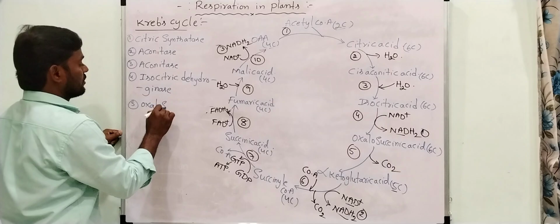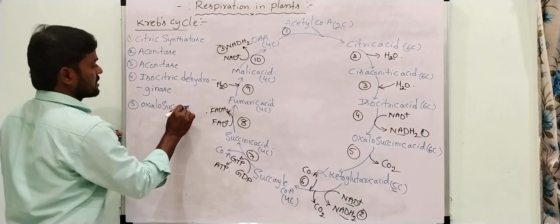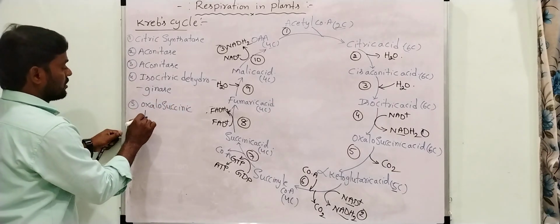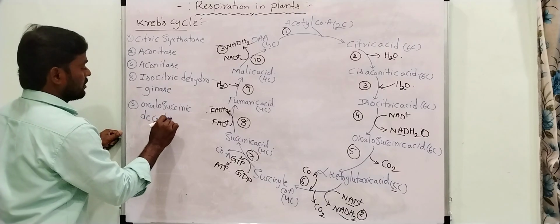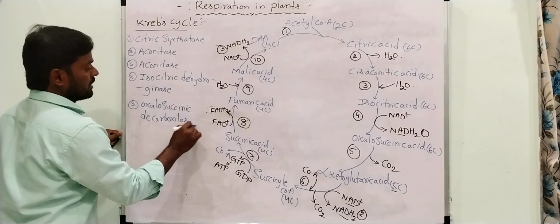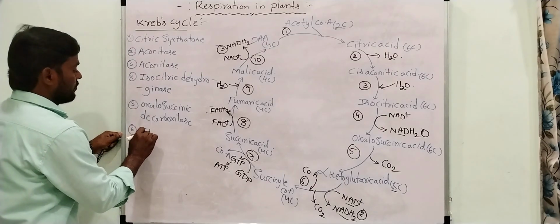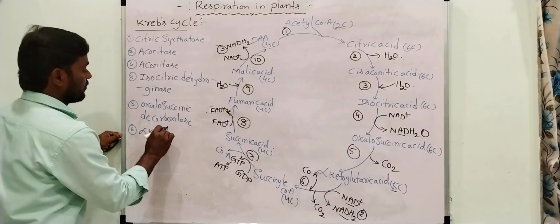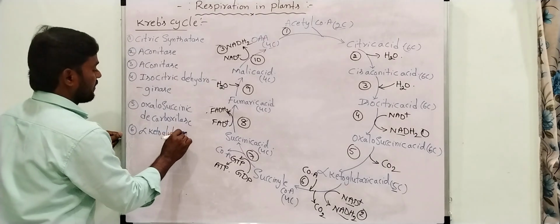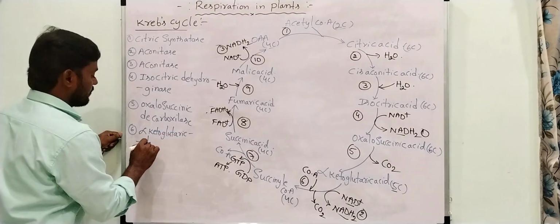And the fifth enzyme is oxalosuccinic decarboxylase. And the sixth enzyme name is alpha ketoglutarate dehydrogenase.